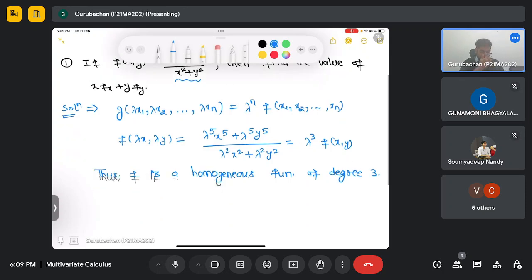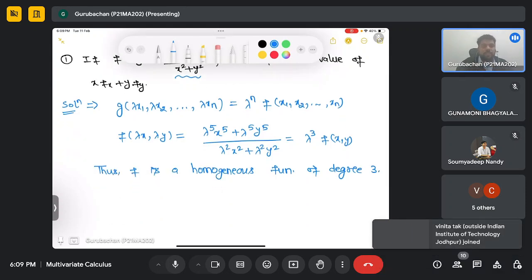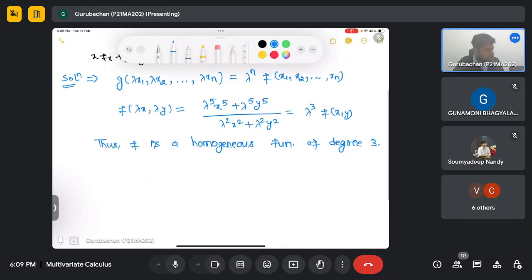3. Now in the week 3 lecture, there is a lecture based on Euler theorem for homogeneous function. So let me first recall that Euler theorem formally. What is there?